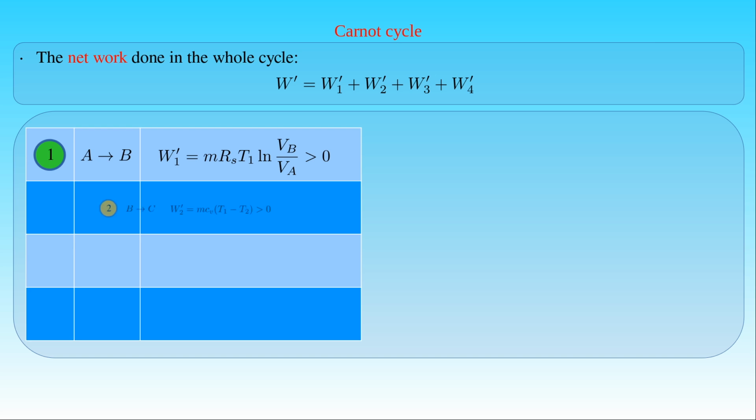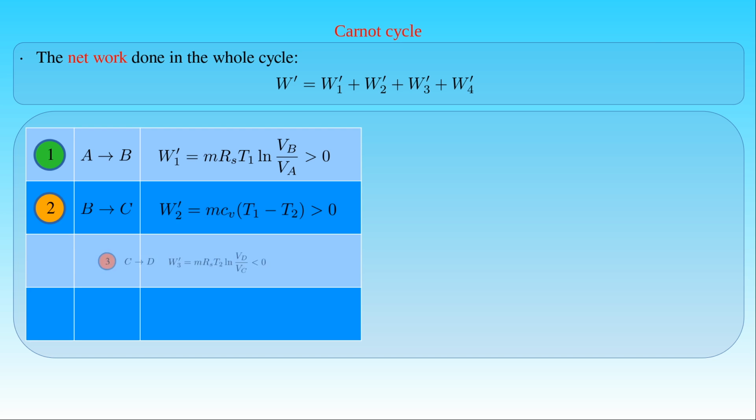In the second process, where the gas is brought from the state B to the state C in an adiabatic expansion, the work W'2 is given by the mass m of the gas, times its specific heat capacity Cv for a constant volume, times the difference between its initial absolute temperature T1 and its final absolute temperature T2. This work done by the expanding gas is positive.